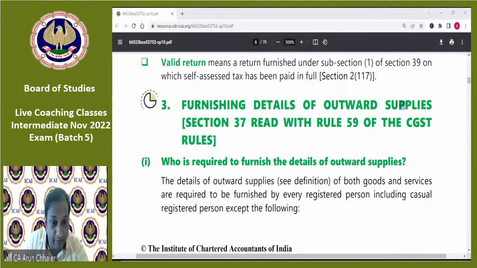I'm requesting everyone, please type what is the GSTR1. Please see and write in the chat.